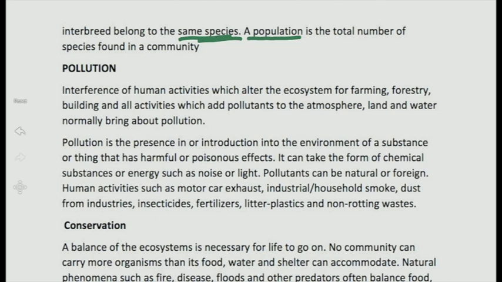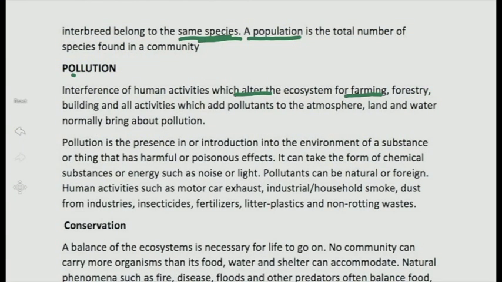We have said that there must be a balance, but then there is that interference of man, which results in pollution. What is this pollution? Pollution. This is when we have the interference of human. They interfere with their activities. So interference of human activities will alter or change the ecosystem.